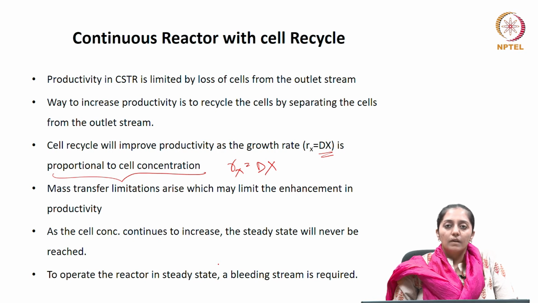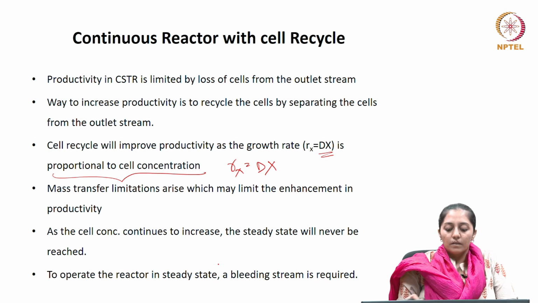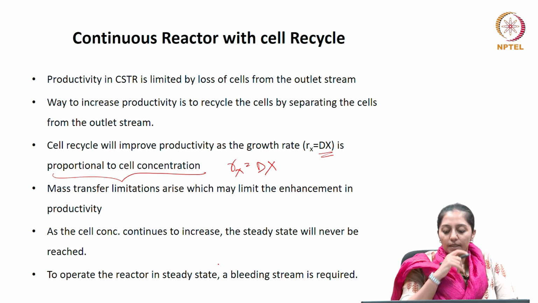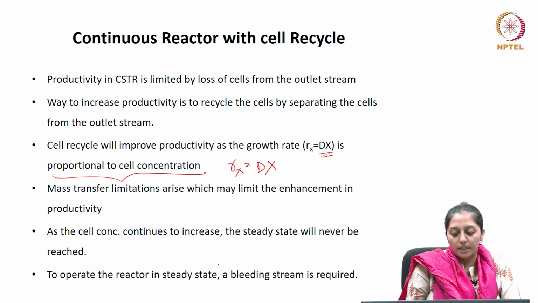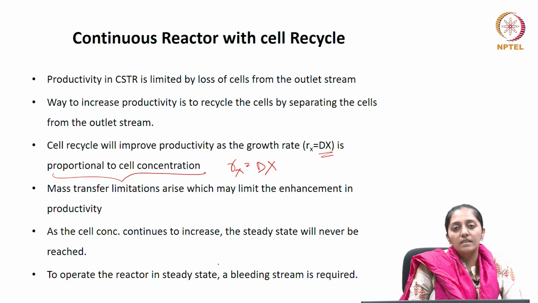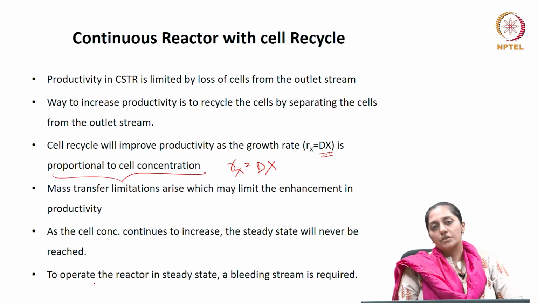Because as the cell concentration increases, mass transfer limitations will start appearing, and the mass transfer limitations can eventually cause a reduction in the growth rate of the cells and can limit the productivity enhancement. Now, as the cell concentration is continuously increasing in such systems, the steady state is not reached. So, to operate such reactors in steady state, what we need is called a bleeding stream.